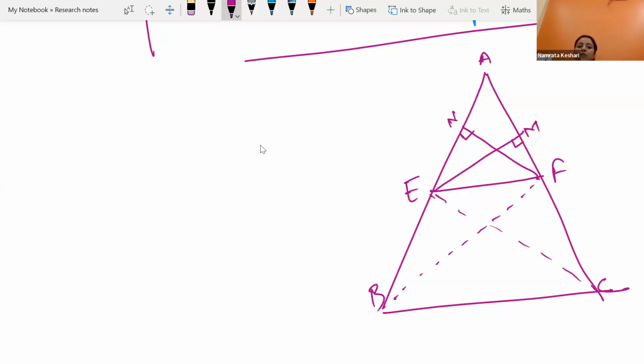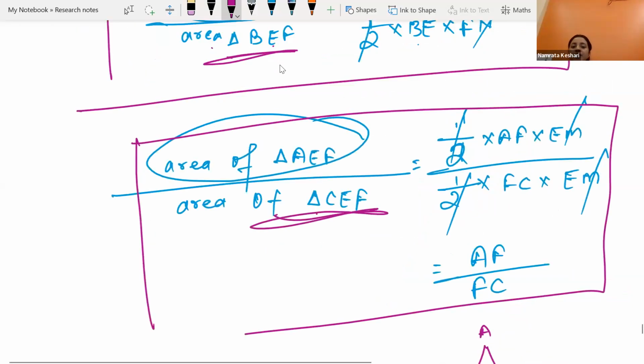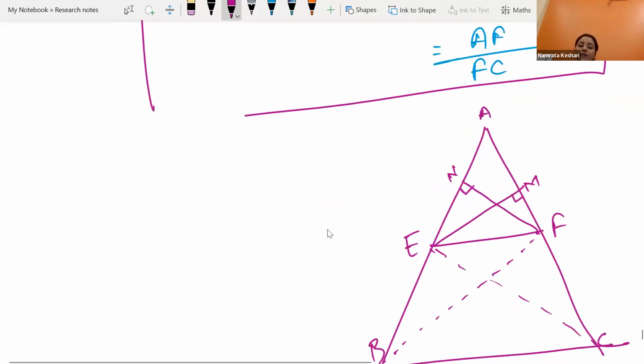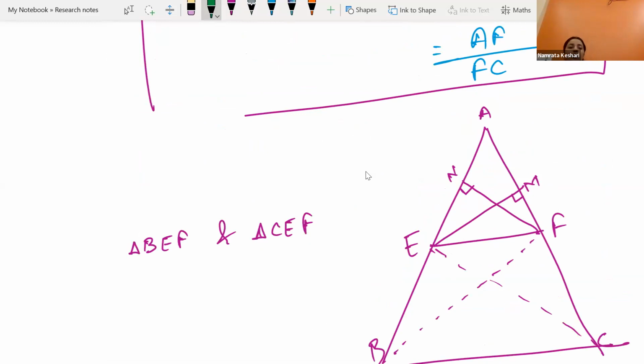What we want to show is that BEF and CEF, these two triangles' areas are the same. That's what we want to prove over here.